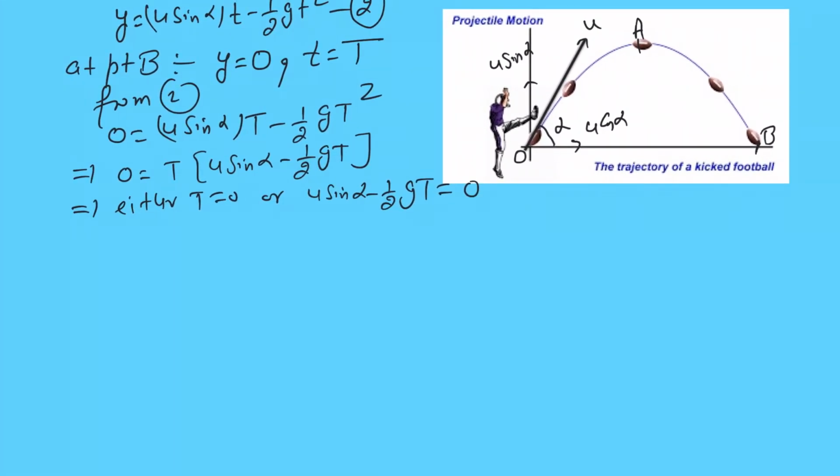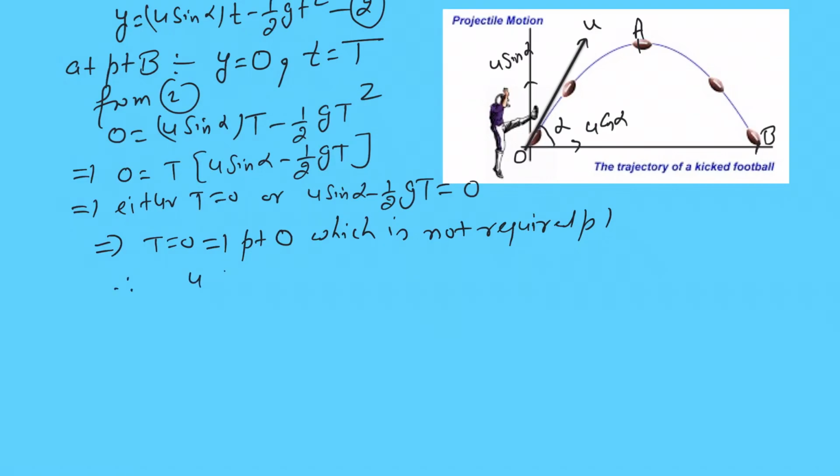So this further implies that T equal to 0 implies point O, which is not the required point.